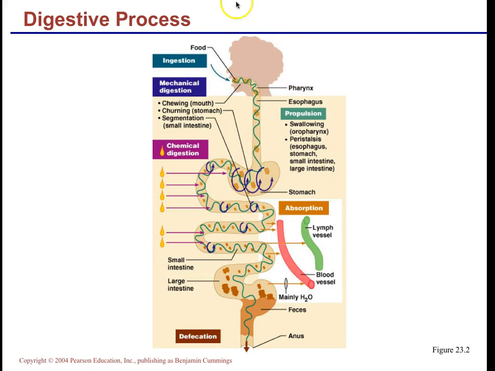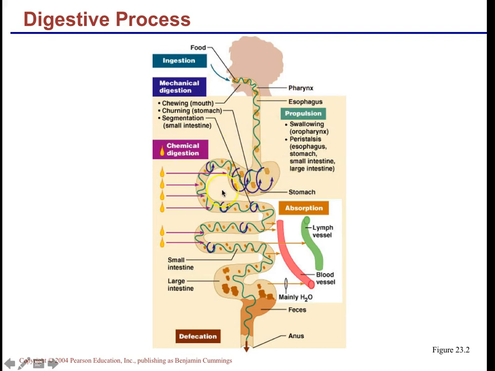And then the propulsion is going to be this peristaltic wave-like motion. That's what the green line is trying to show you, going down the esophagus. Now you have the stomach making hydrochloric acid, which is your chemical digestion, as well as digestive enzymes like pepsin.